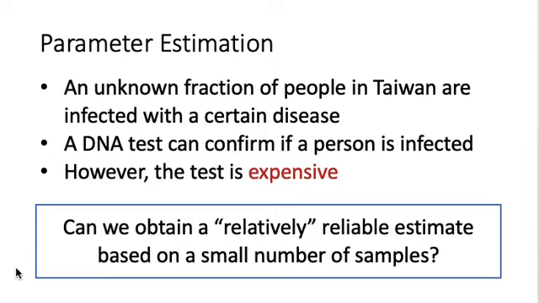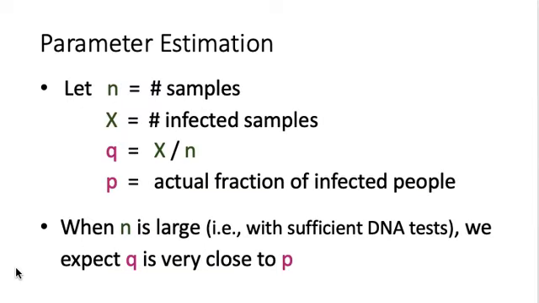So this is the so-called parameter estimation problem. So for instance, let's say we are going to perform n experiments. So we will take among all the people in Taiwan, n of them, and we call them the samples. And after doing the experiment, let's say x of them are infected. So x of these n samples are infected. So somehow we can find out the fraction of the samples that are infected.